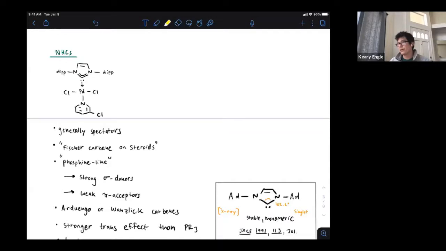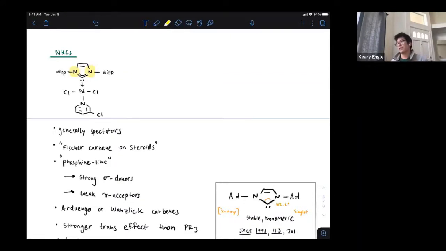And the Crabtree textbook, Crabtree adds a lot of color to his discussion of the science, and he describes these in the textbook as Fischer carbenes on steroids. And I like that because it gets at a number of things, like the fact that there are two heteroatoms, both now pumping electron density into the carbene.